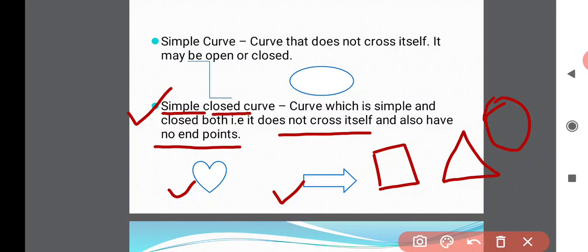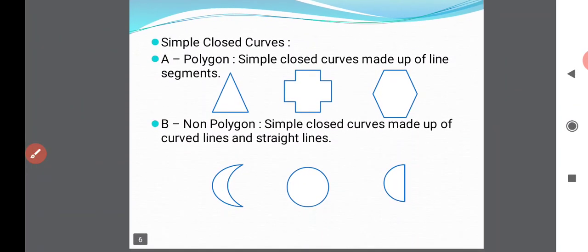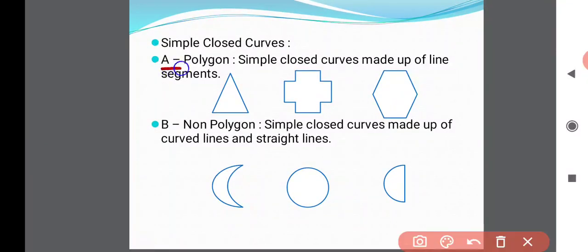Let's move towards the next. A simple closed curve is actually further divided into two parts: polygons and non-polygons. So what do polygons mean? A simple closed curve made up of line segments, means if our closed curve is made up of only lines, then it is called a polygon.